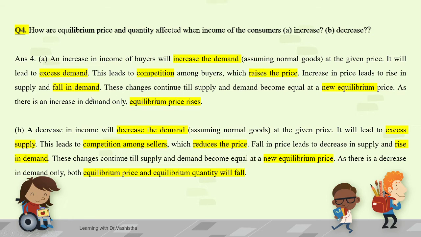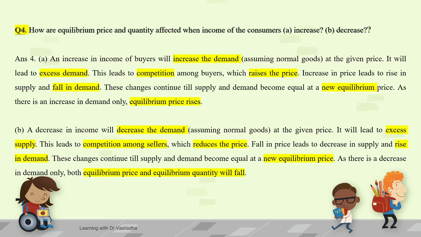As a result, these changes continue till supply and demand become equal at a new equilibrium price. There will be a new equilibrium position and simultaneously an equilibrium price. As there is an increase in demand only, equilibrium price rises. There will be a position slightly above the older equilibrium position.